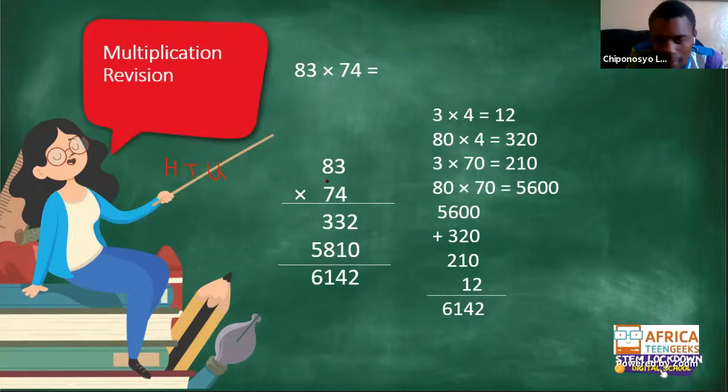If we look at 83, it is an 8 and a 3 next to each other. But when we think about place value, the 3 means 3 and the 8 means 80. So that is place value.